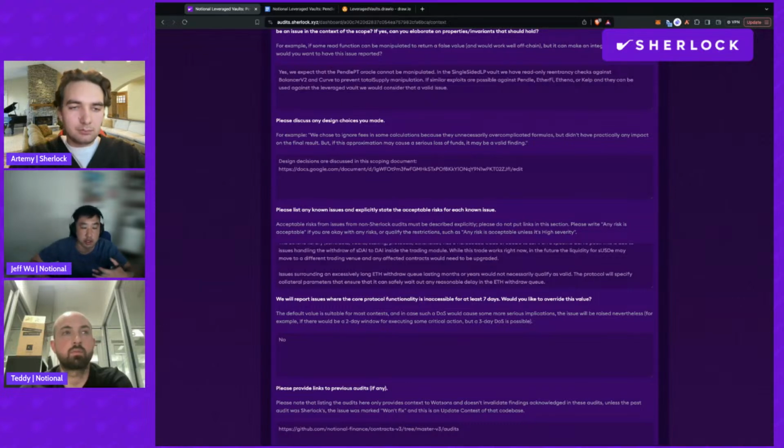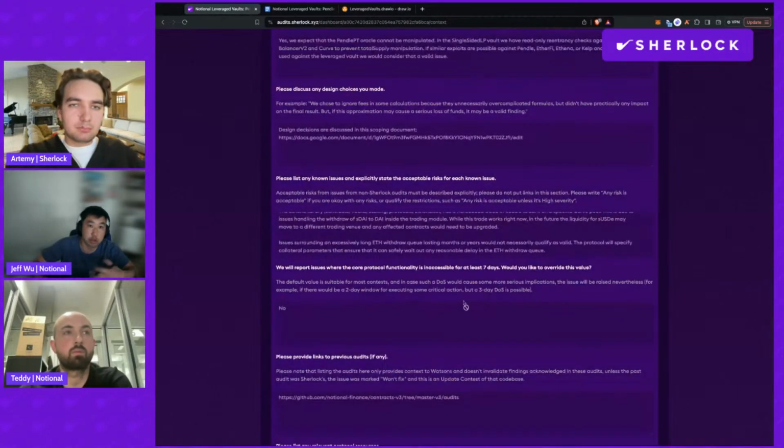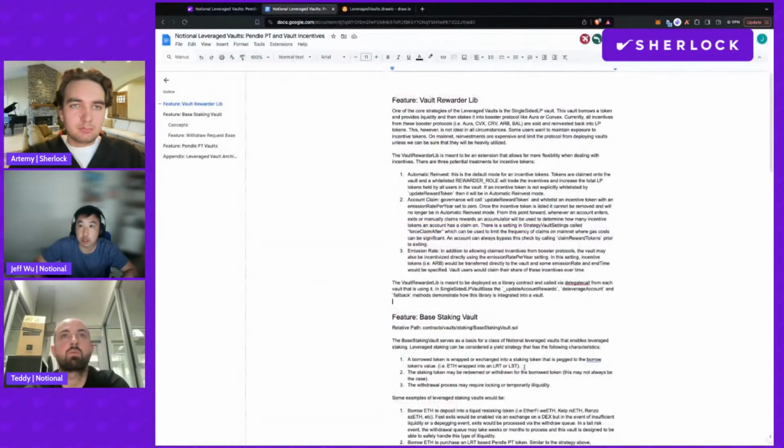Like Teddy mentioned, we expect to configure the system such that the account should have enough margin to safely sit in an execute for some reasonable amount of time. So those are risks that we're aware of and are accepting.